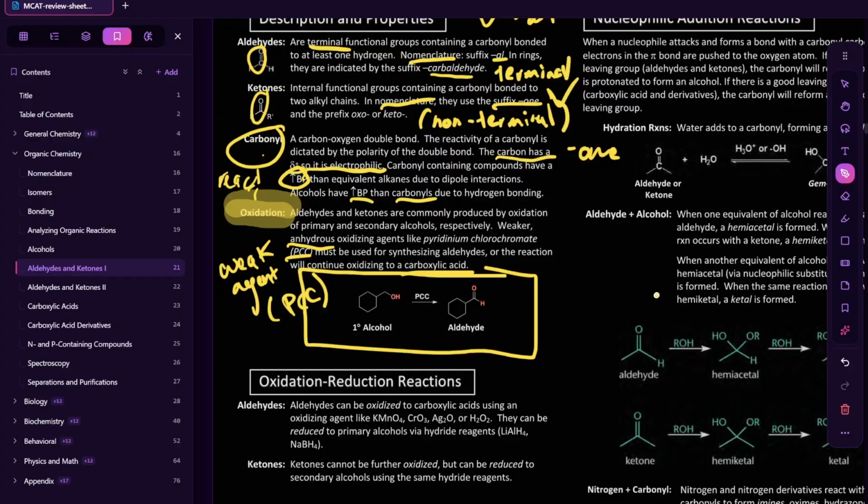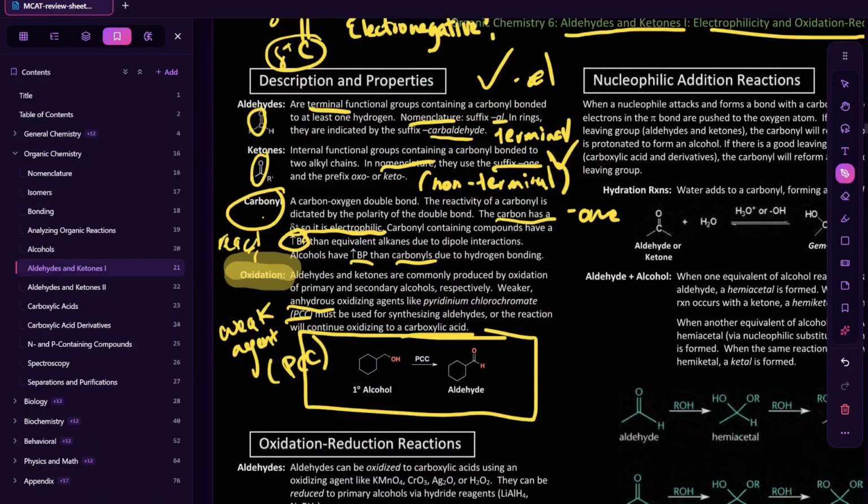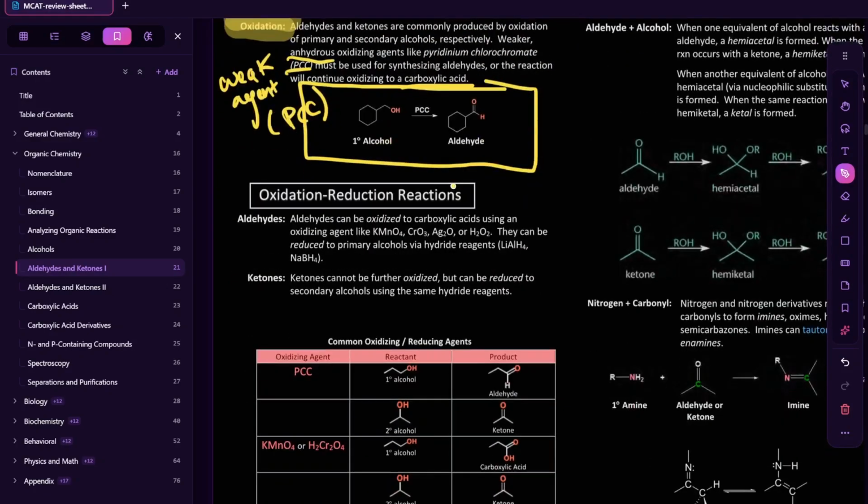Okay, so now I wanted to go into oxidation and reduction reactions. The reason is that we're building off of what we just learned about oxidation. This is oxidation here. And for oxidation-reduction reactions, now we're talking about what aldehydes and ketones can then become. So aldehydes are like two-way streets.